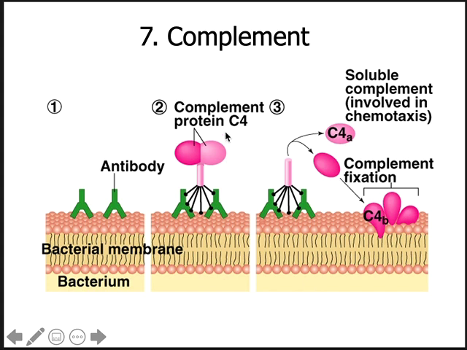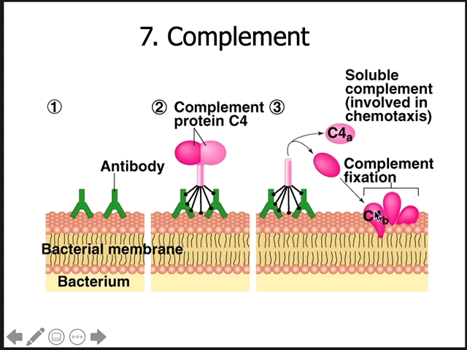Here you have the pathway that uses antibodies for activation. This would be how it complements the adaptive immune system. In this example, you have some antibodies bound to the surface of your bacteria, and then the complement protein that's always in circulation in the blood sticks to it, and that's going to cause this protein to split apart and activate that cascade I was telling you about.